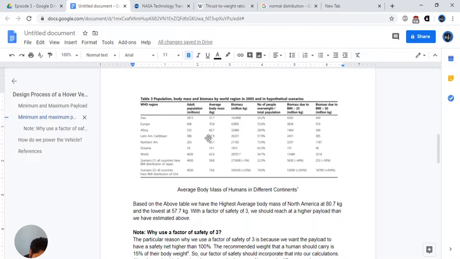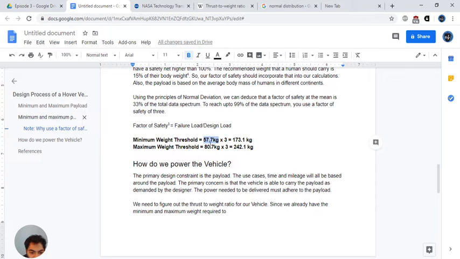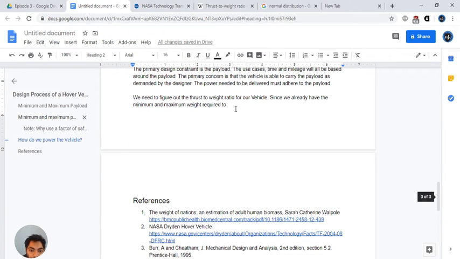Why I'm doing the minimum weight threshold and the other is that we need to figure out the thrust to weight ratio. I think it's all coming together now, much easier.